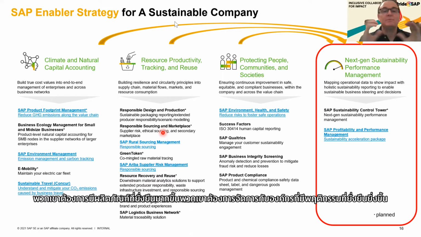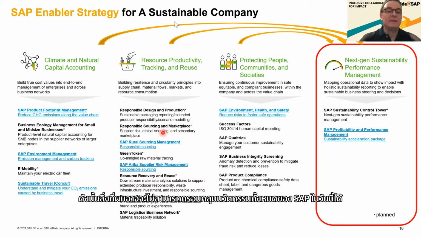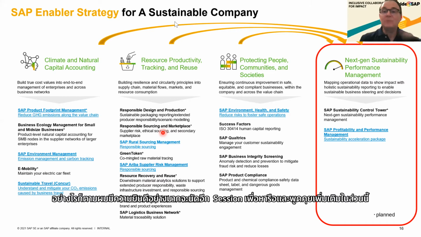They want products that are more sustainable, and they want to deal with an organization that is behaving in a more sustainable way. So what I'm not covering is all those innovations that companies are doing that SAP supports with our standard set of products and with our innovation. I'm happy to discuss those on a separate call. That's no problem at all.